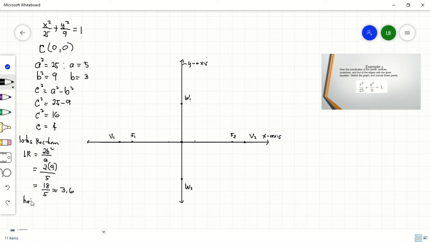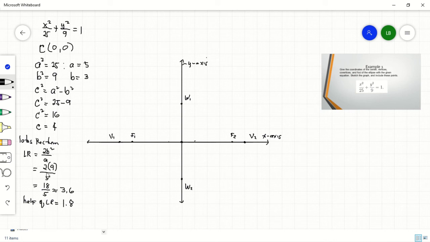So half of LR is 1.8. The length of the latus rectum is 2b squared over a.